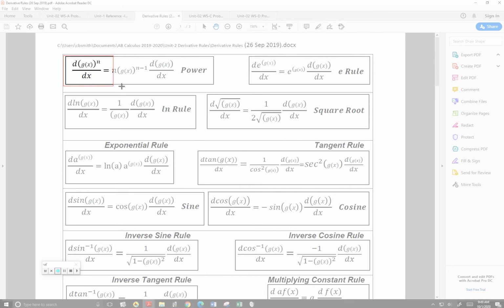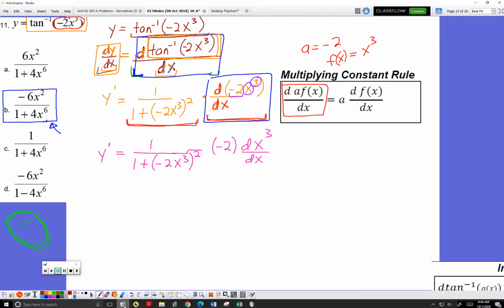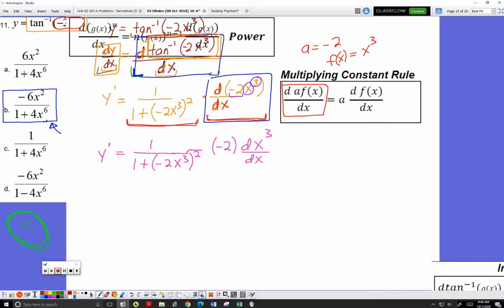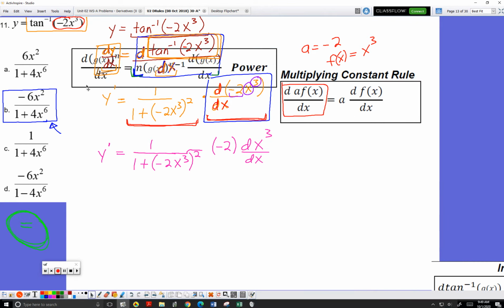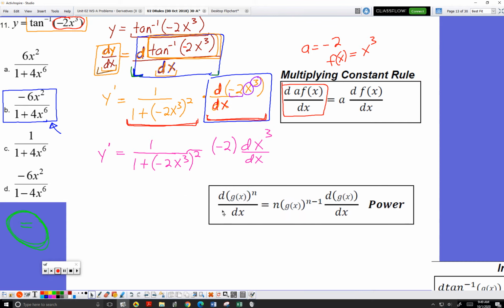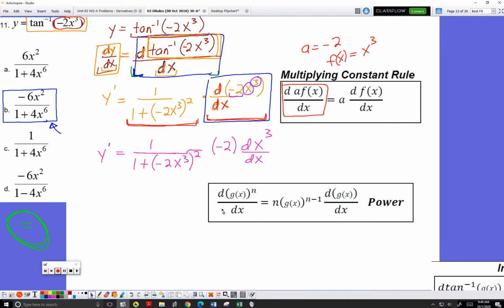Here's how I know. Back to here. Okay, drag that down. You notice, I've got the blue box right here. I want that blue box to match this.